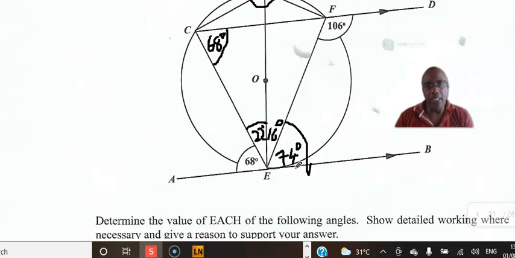So angle OEB is 90, and therefore angle OEF is 90 minus 74, which is 16 degrees. So this total angle here will be 22 plus 16, which is 38 degrees.